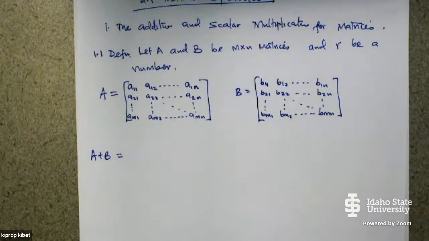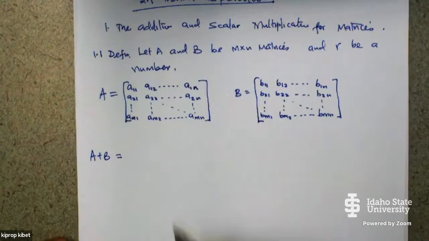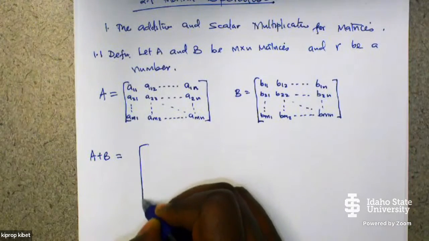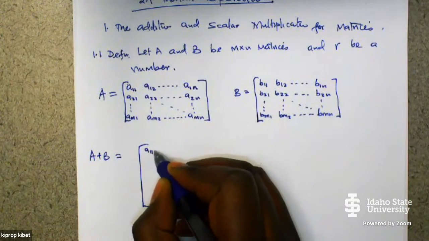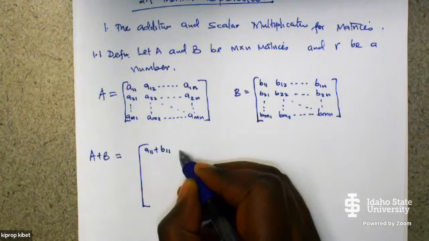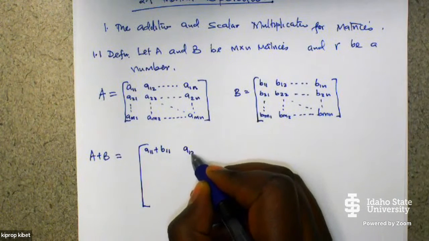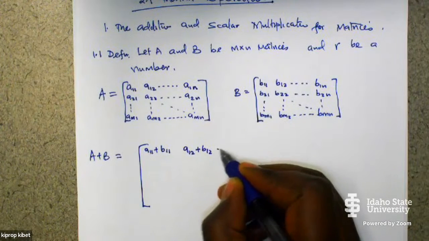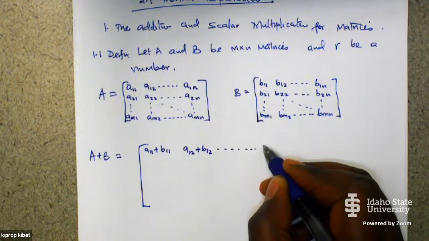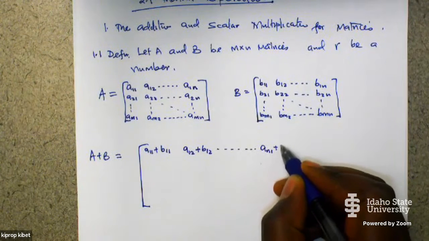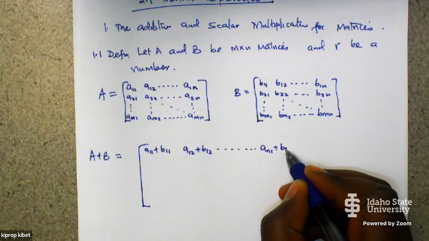Since both are M by N, we can add them entry by entry. So A plus B gives A11 plus B11, the next one is A12 plus B12, and if you continue like that, the last one in the first row is A1N plus B1N.